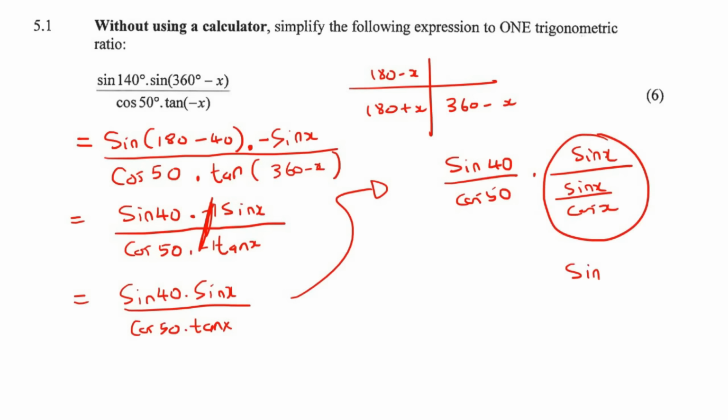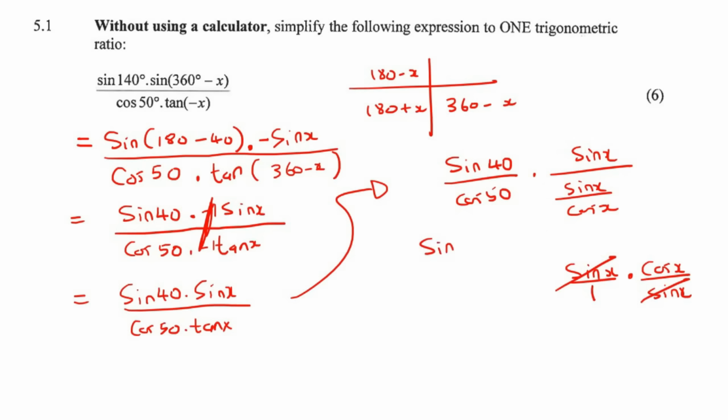We can think of that part as sin x over 1, and then we can say multiply by cos x over sin x. I'm just doing this part here. And so what happens is that these sins actually cancel, and you're just left with cos x over 1. So that part there is sin 40 over cos 50, and then all that this whole thing actually ended up becoming was cos x over 1.